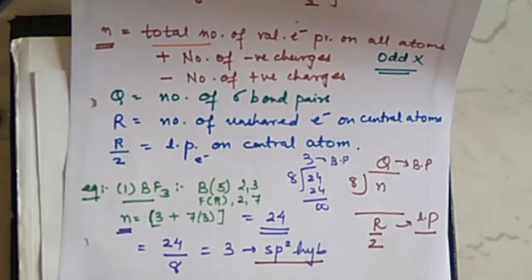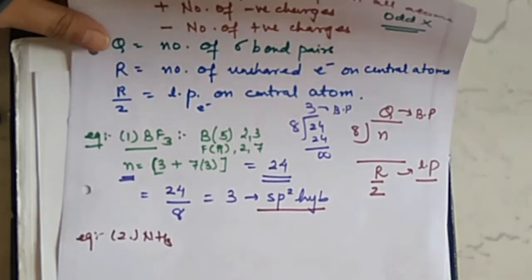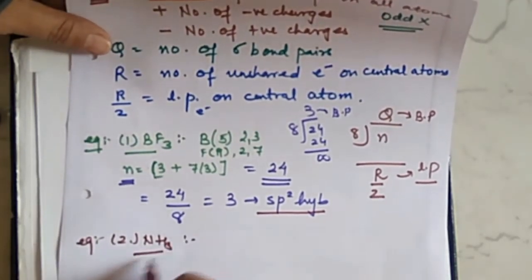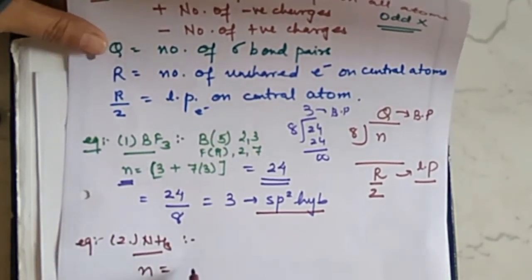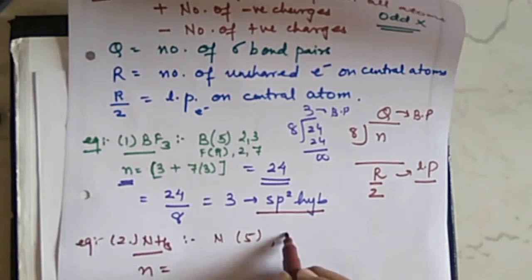Say ammonia. In this, the total number of electrons, N, is the electrons on nitrogen, 5, plus hydrogen.